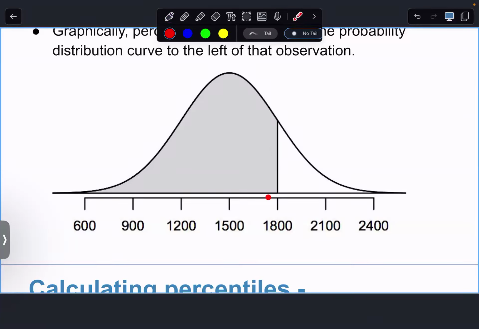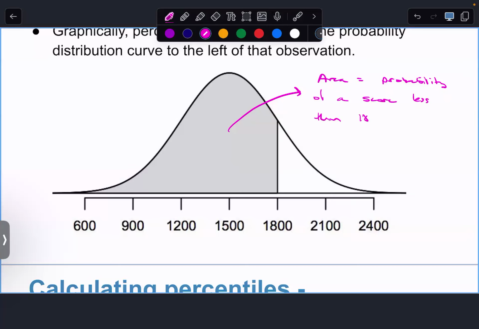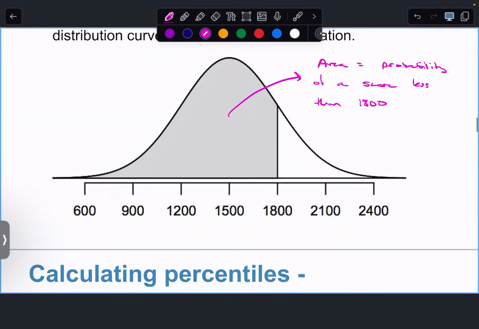Looks like Pam's score. So this area is the probability of a score less than 1800. I'll say it, this is the SATs on the SATs.